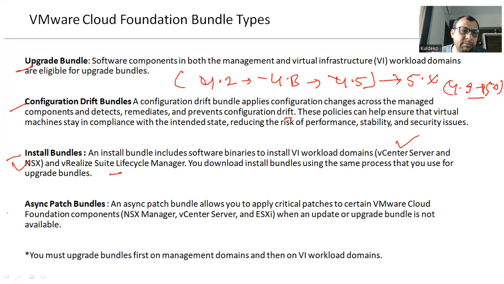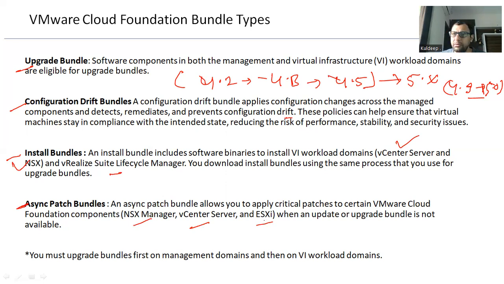The next type of bundles are async patch tools. The async patch tool is a minor tool. Typically you have heard about VMware Security Advisories: sometimes a critical patch is published by VMware, and you have to push it immediately to your NSX manager, maybe your vCenter server or your ESXi.